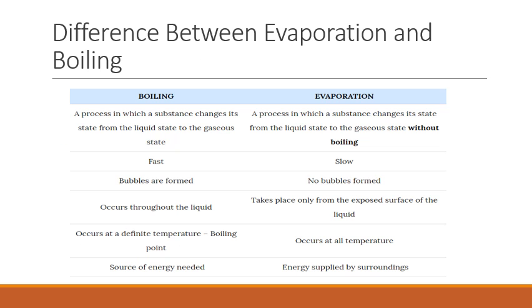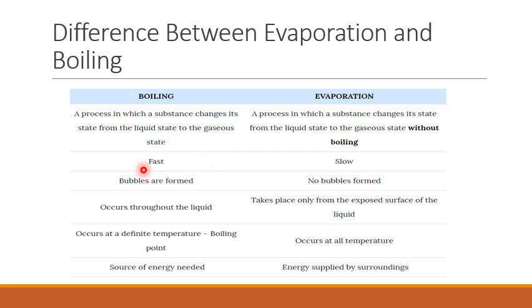Let's see few differences between evaporation and boiling. Boiling is a process in which a substance changes its state from liquid to gaseous at the boiling point, whereas evaporation is a process in which the substance changes its state from liquid to gaseous without boiling, or I can say without reaching its boiling point.